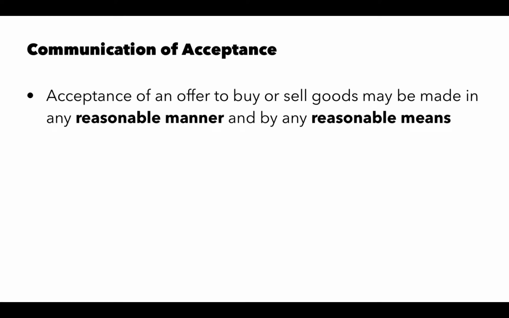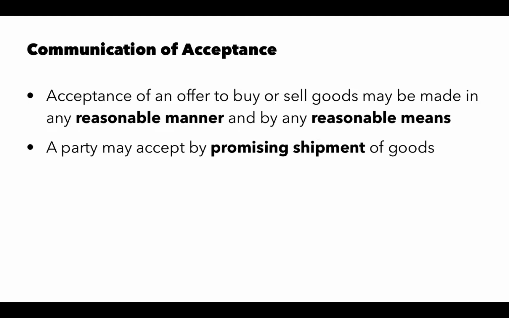Communication of acceptance. A seller who chooses to accept must notify the buyer of the acceptance. Acceptance of an offer to buy or sell goods can be made in any reasonable manner and by any reasonable means. In fact, a party can accept, even without saying, "Yes, we accept your offer," by promising shipment of goods.